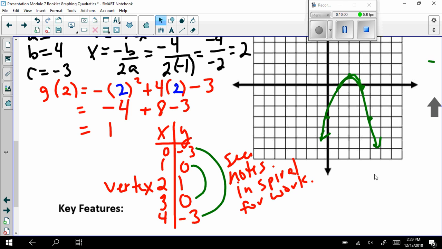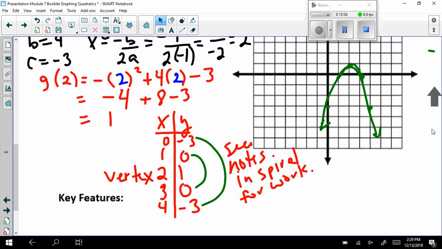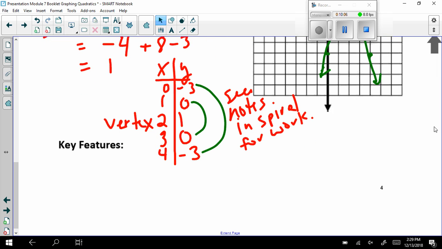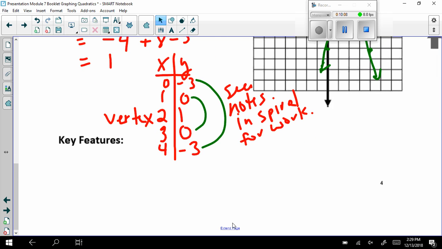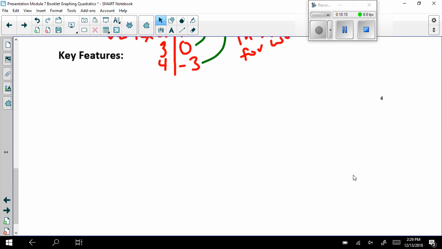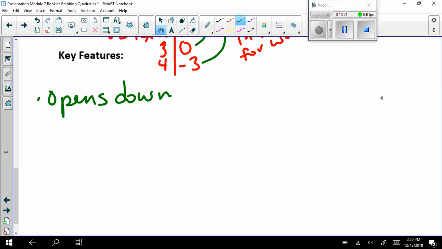And then now we're going to look at our key features. So you can take up all your space on the bottom for your key features. First of all, notice that this opens down, which means that your vertex is a max.